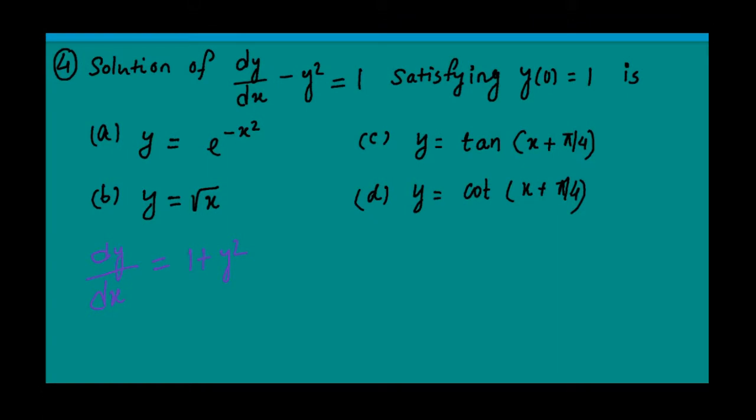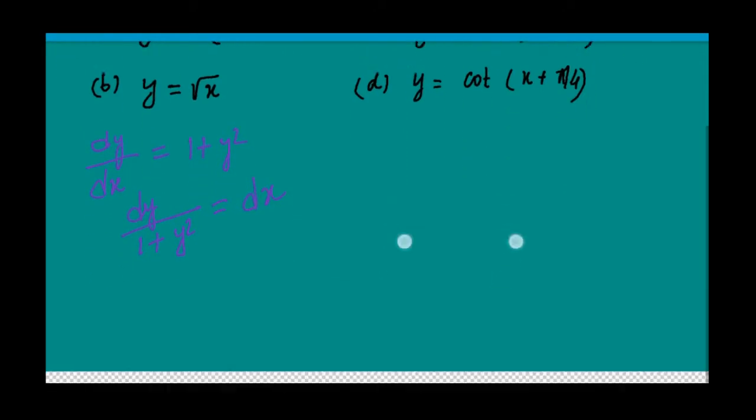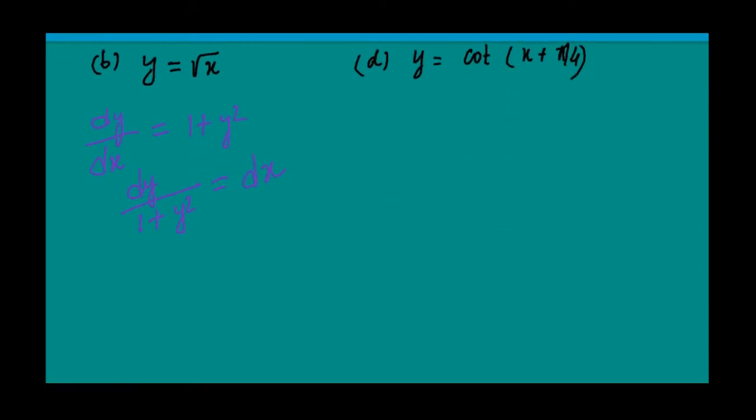Now dy by 1 plus y square is equal to dx. That means we have to separate the variables. Suppose in the left hand side I keep all the y terms, and in the right hand side we keep all the x terms. There are no x terms, that means 1. So here it is, and then we have to integrate it.